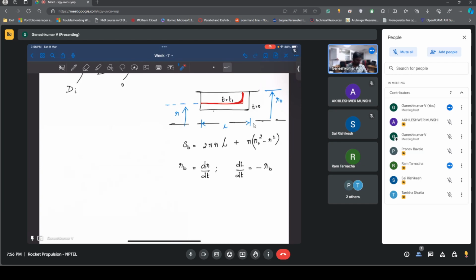Okay, so let me quickly check in the book whether whatever I wrote is right or wrong. Different grain configurations.